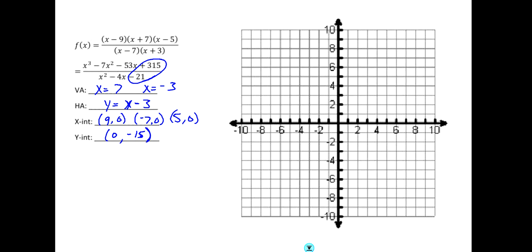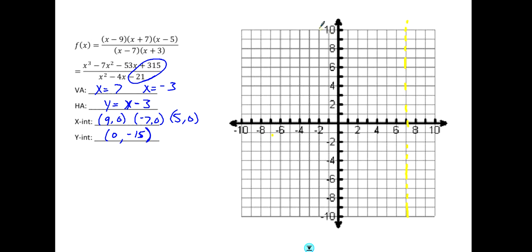And again, start with our verticals. I don't have to scale anything on this one. So there's negative 7. Oh, sorry. Positive 7. On the wrong side. Positive 7.